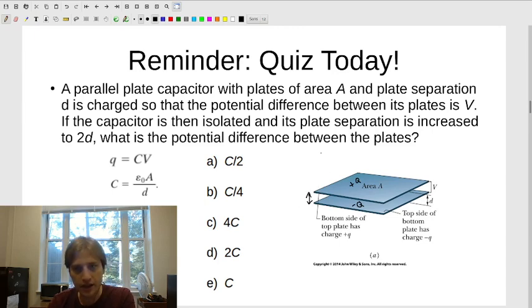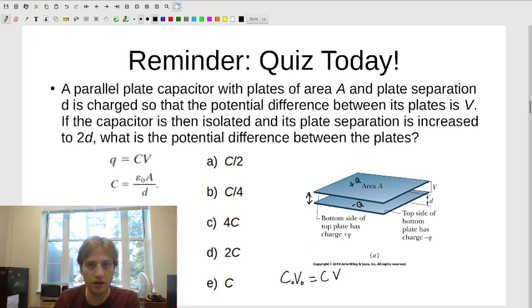So in this case, the capacitance is changing, but the Q is staying the same. Okay, so what we have is that CV at the initial is going to be CV at the end.